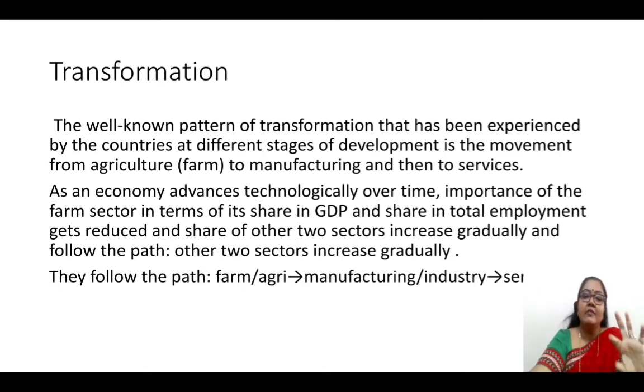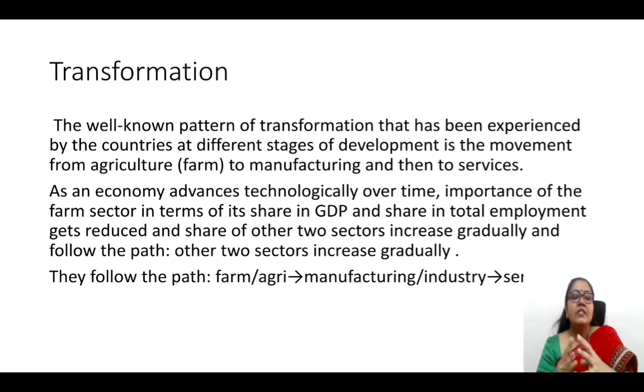As an economy advances technologically over time, the importance of the farm sector in terms of its share in GDP and share in total employment gets reduced, and the share of the other sectors increases gradually, and they follow this path. So the other two sectors gradually move on.